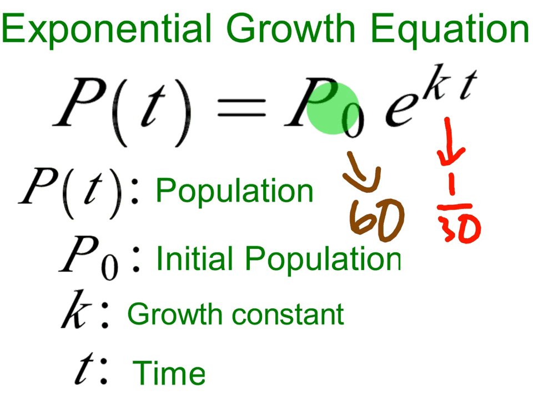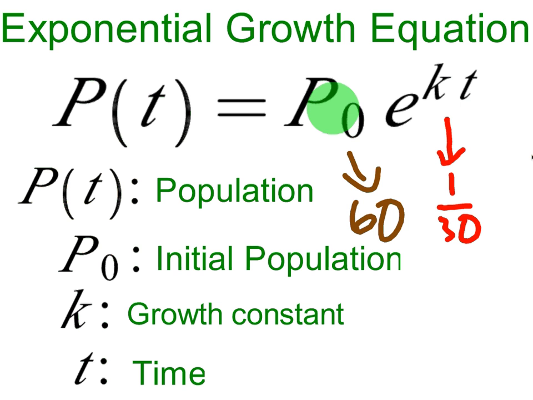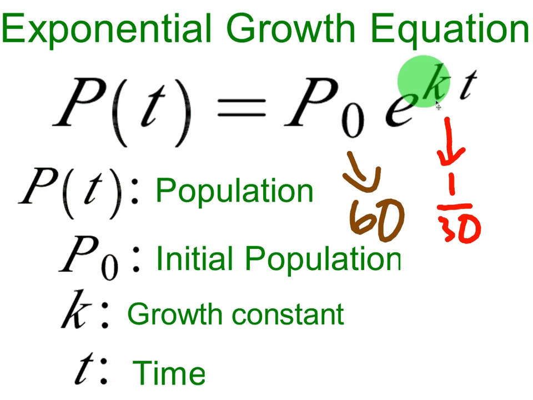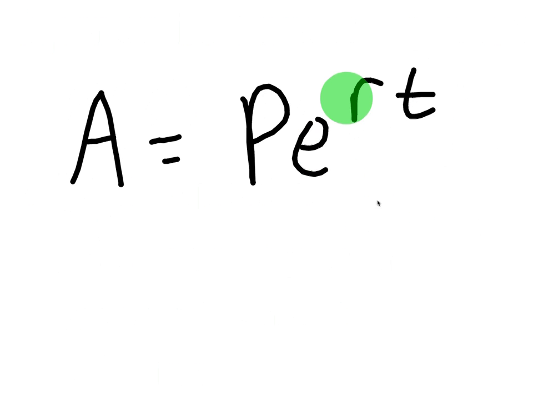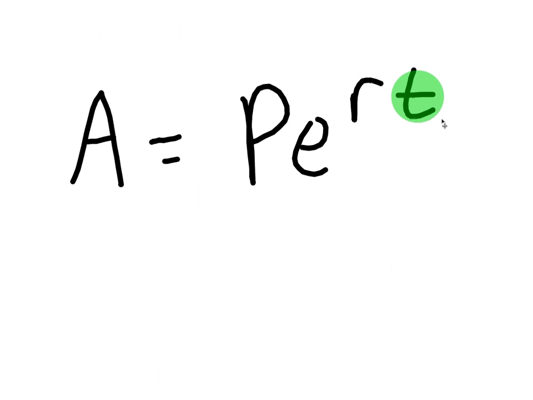Instead of talking about an initial population, we use P to represent the principal. E stays the same in the formula. R is actually the growth constant, but in the compound interest formula, r represents the interest rate of the particular account. It's the same as the growth constant, and t remains t.